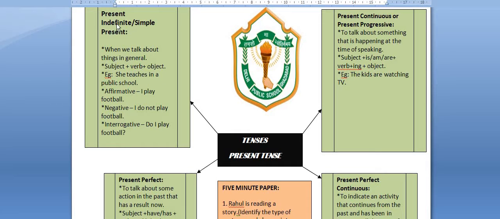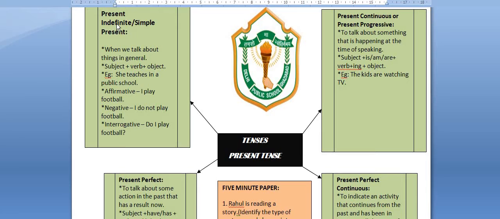Firstly, we come to present indefinite tense. Whenever we talk about something in common or we talk about a habitual action, that is what we call a present indefinite tense. And the sentence structure of the present indefinite tense is very simple. A sentence in a present indefinite tense has a subject, a verb and an object.